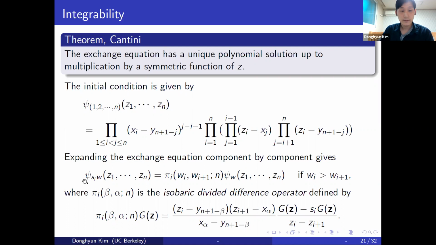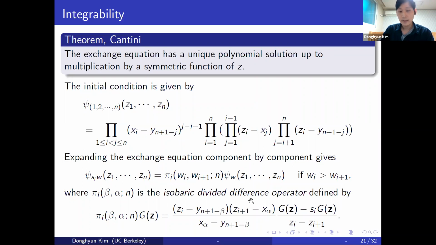So psi of s_i W, z is given as psi of W, z with an isobaric divided difference operator applied. This is possible when W_i is greater than W_{i+1}. So basically we can get psi of s_i W by applying the operator to psi of W.